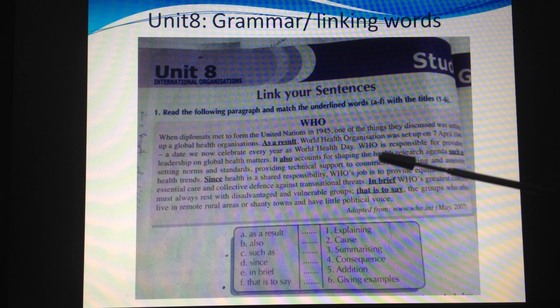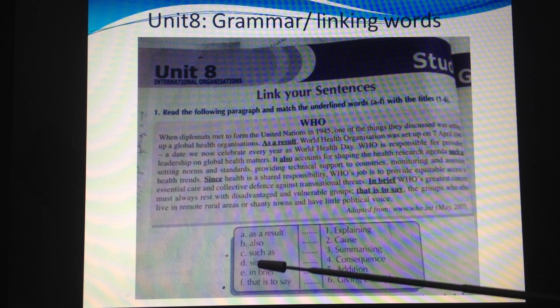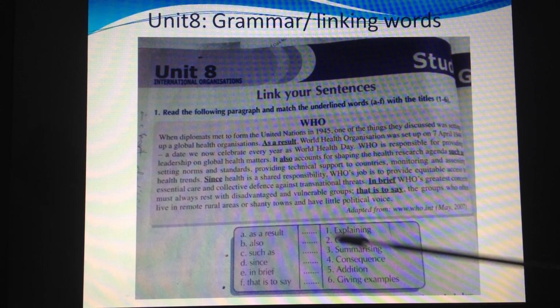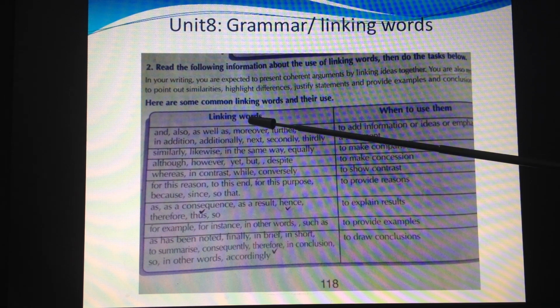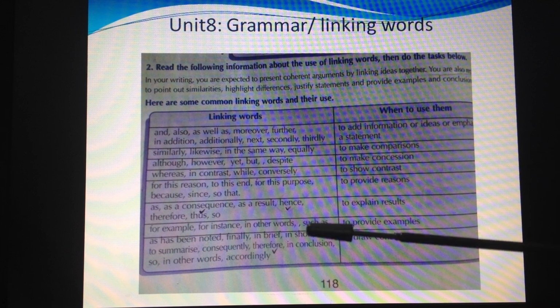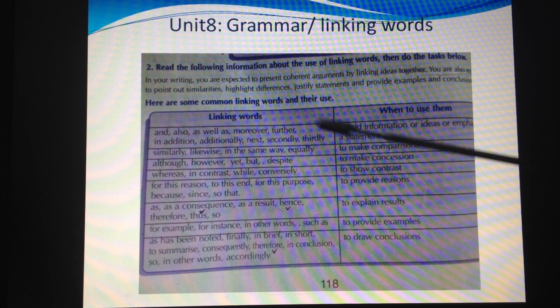Read the sentence carefully and find out what function is each expression used for. Okay? Good. On the same page, you have more expressions, more linking words that are classified in this chart.